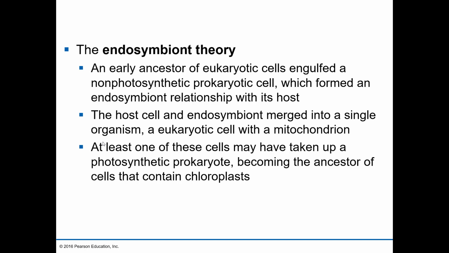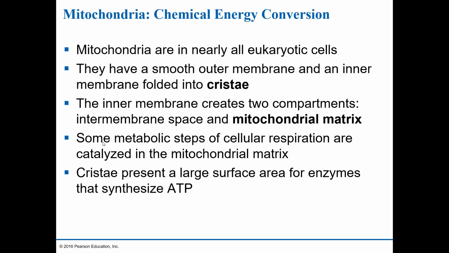It became a eukaryotic cell with a mitochondria. So at least one of these cells may have taken up a photosynthetic prokaryote, becoming the ancestors of cells that contain chloroplasts. So I would reread that, write this down, I would know what the endosymbiont theory is.